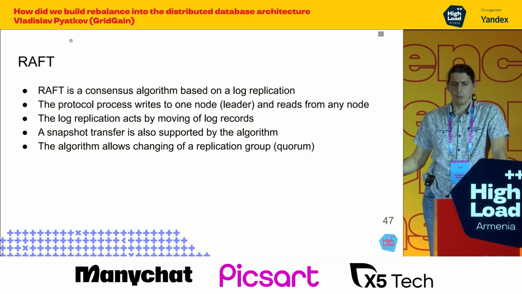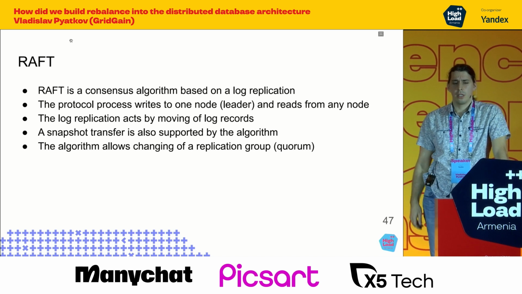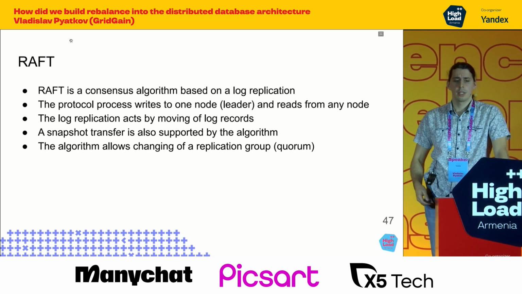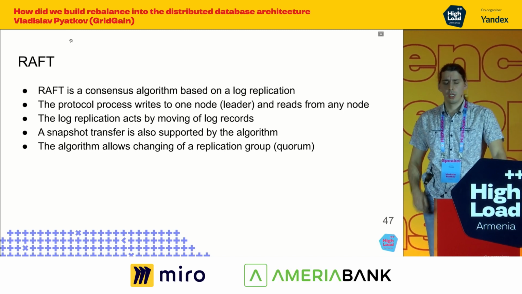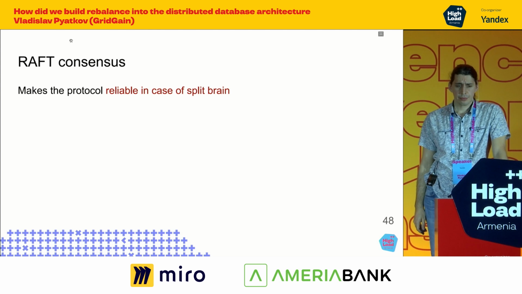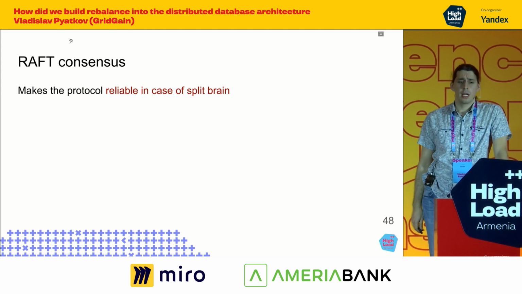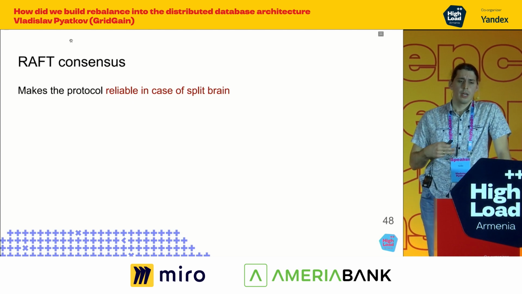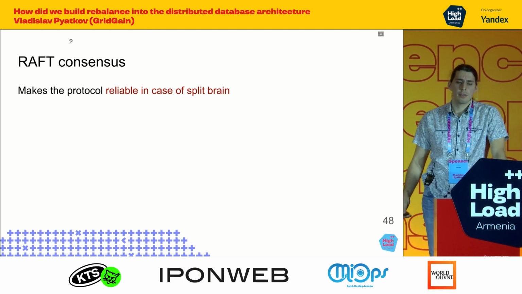And of course, the algorithm describes a situation when we have no log and can't use a snapshot for replication. But of course, the RAFT protocol is based on consensus, and that protocol is reliable in case of split brain.